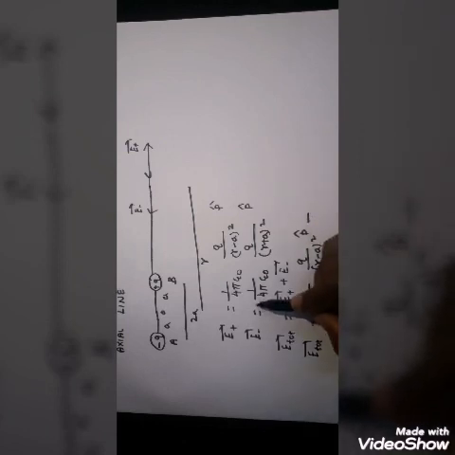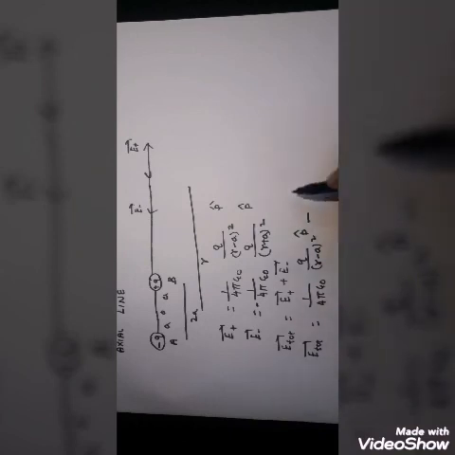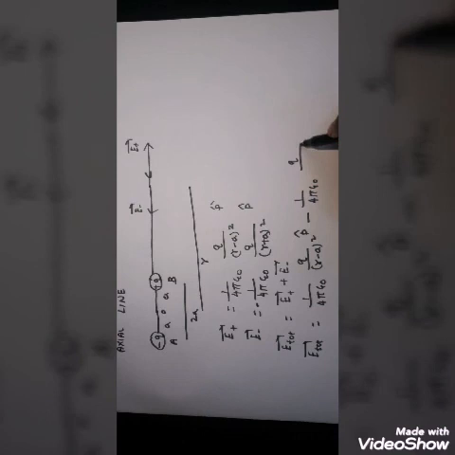This is negatively charged, so it is negative: minus 1 by 4 pi epsilon naught, q by (r plus a) the whole square, p cap.